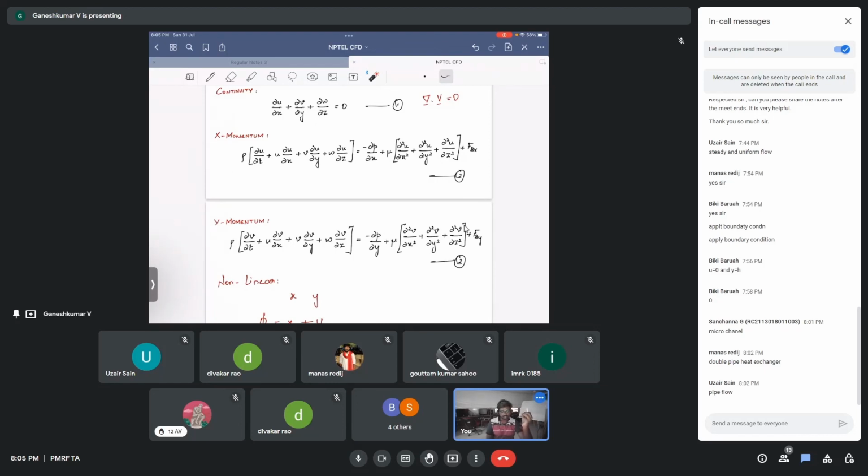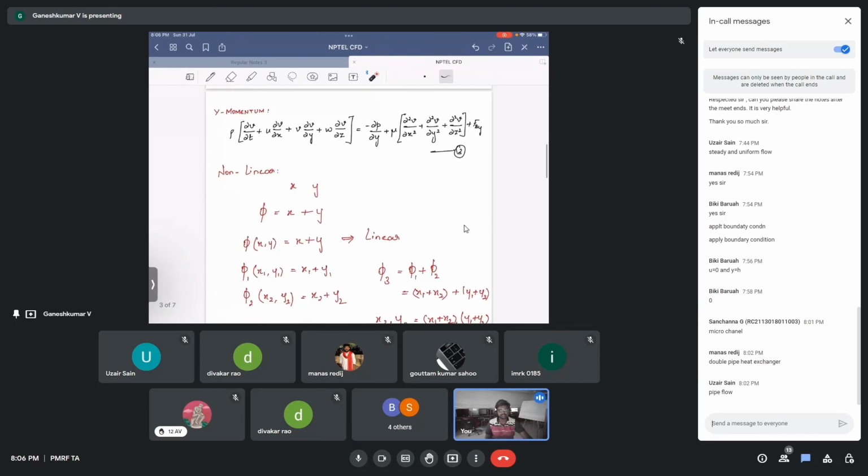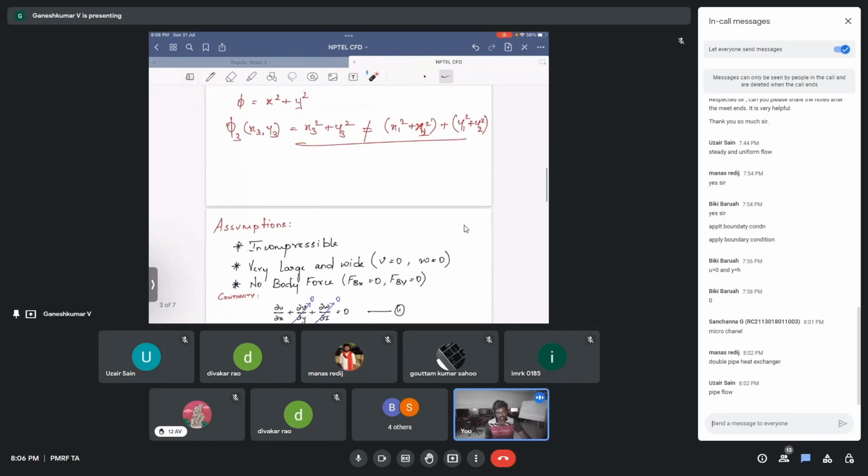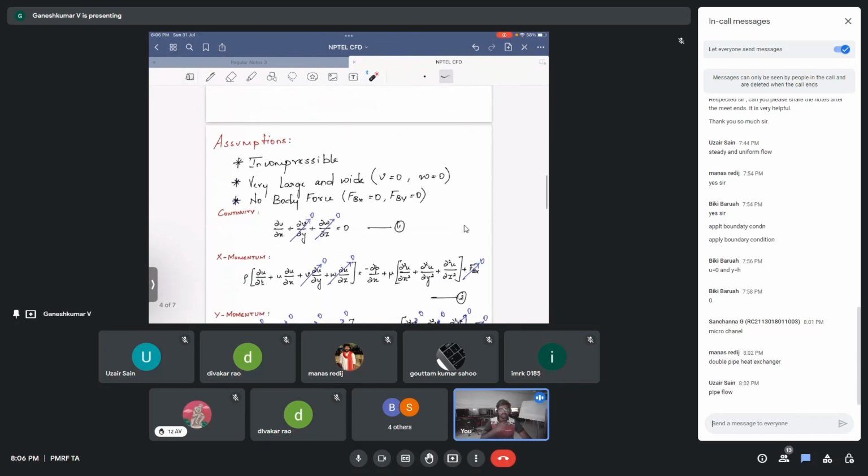You will be able to construct finite volume schemes and solve real problems like channel flow, where you need not make any assumptions like steady state, incompressible, very large and wide, or no body force.